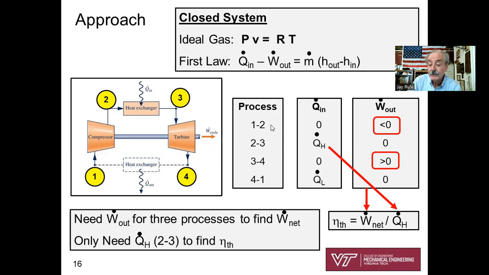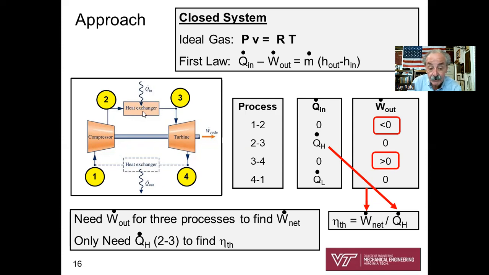Process 1 to 2. Let's tabulate Q in and W out. 1 to 2: no Q in for the compressor, and W out is going to be less than 0. 2 to 3, the heat exchanger process: Q dot H, that's what we're looking for. W dot out, nothing. The heat exchanger is not lifting a weight.